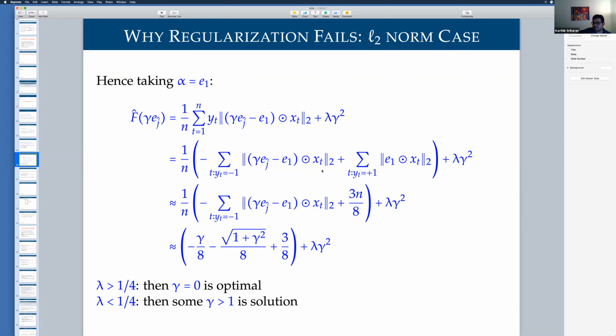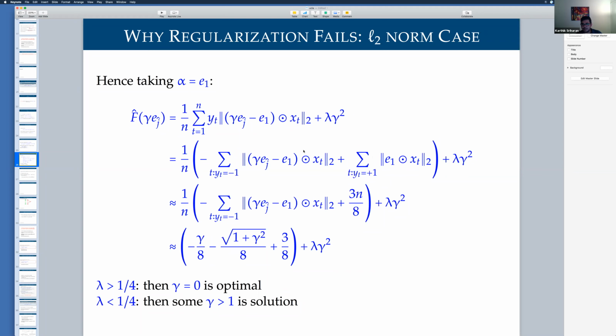Now notice that roughly 3/4 n, where n is the number of instances, is the cardinality of the set I'm summing over, because roughly 3/4 of the y_t's are +1, and amongst these, on coordinate 1, half of them are switched on, because x on each coordinate is +1 with probability half and 0 with probability half. So roughly 3/8 are switched on in this last sum.